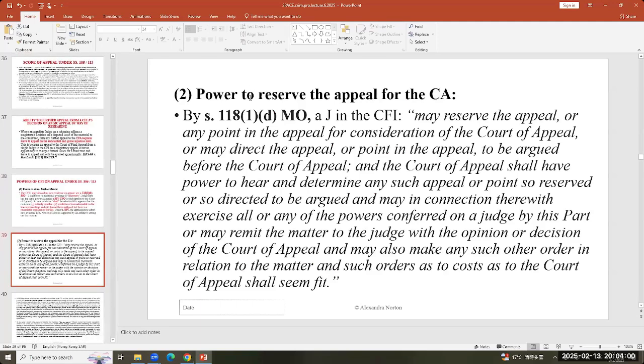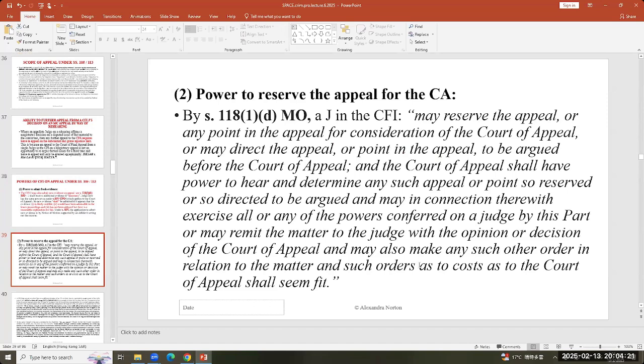The CFI judge also has this power to reserve the appeal or any point in the appeal for the consideration of the Court of Appeal, or direct the appeal to be argued before the Court of Appeal. And if he does so, the Court of Appeal has the same powers that the judge in the CFI would have.